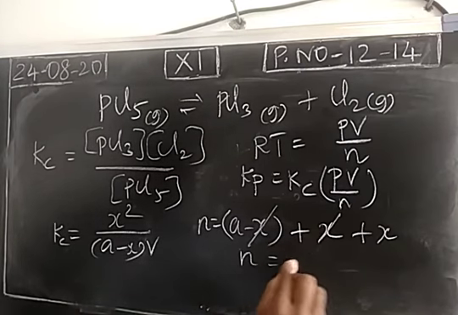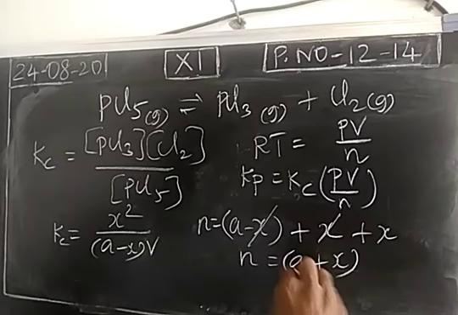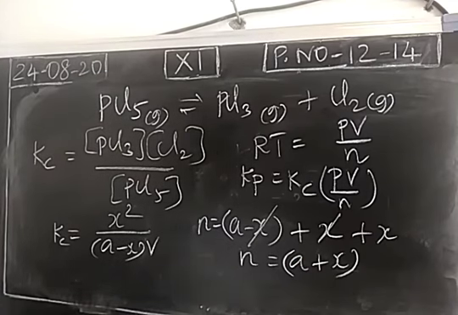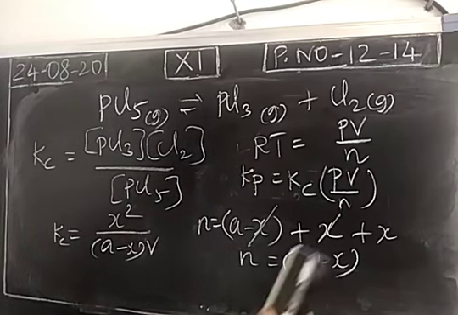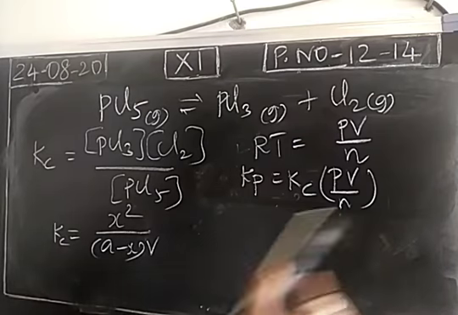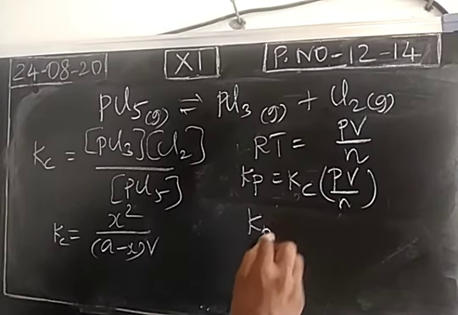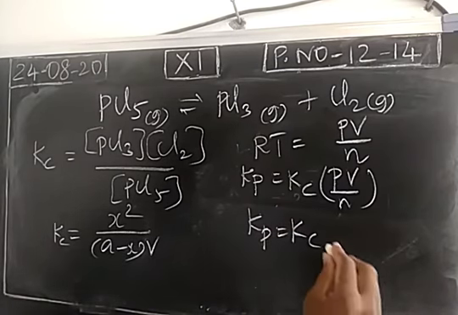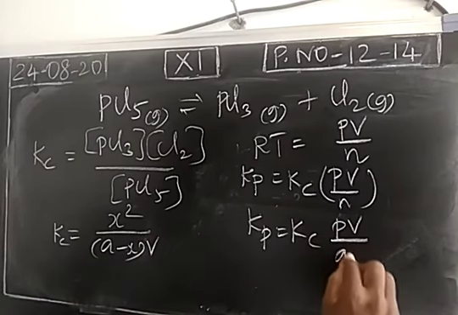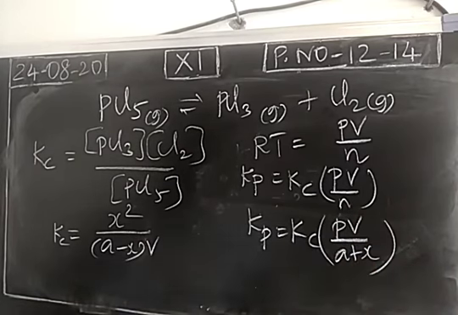So the n value is equal to A plus X. So Kp is equal to Kc times PV by A plus X.